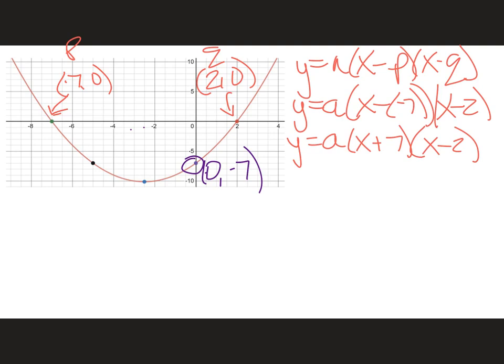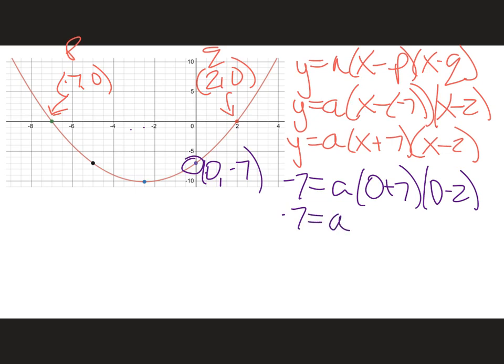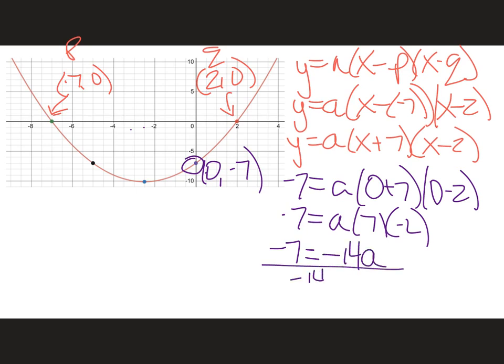So for y, I'm going to do negative 7 equals a times 0 plus 7 times 0 minus 2. And that would be negative 7 equals a times 7 times negative 2, or negative 7 equals negative 14a. If I divide by negative 14, then I would get positive 1/2 equals a.